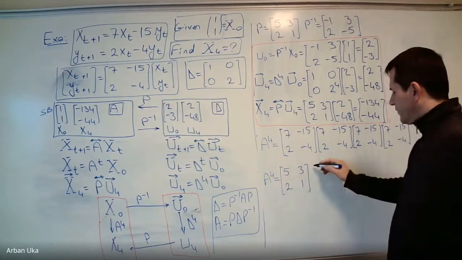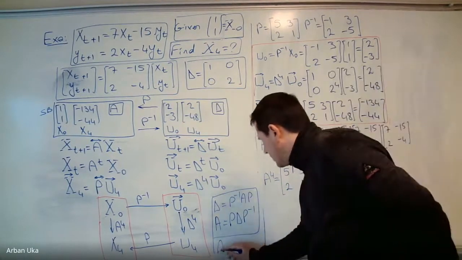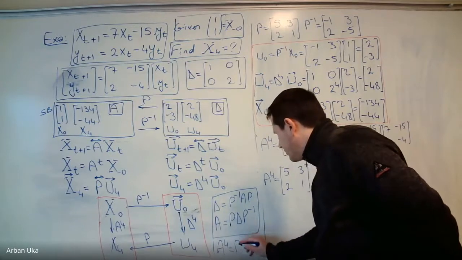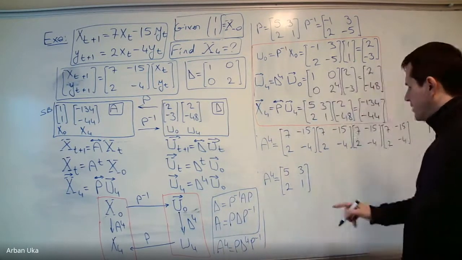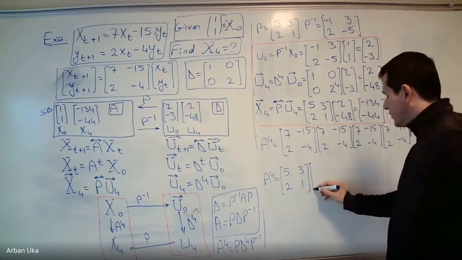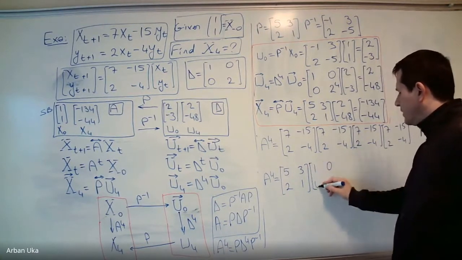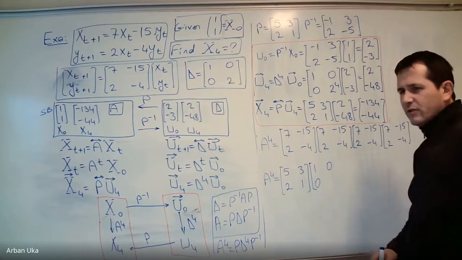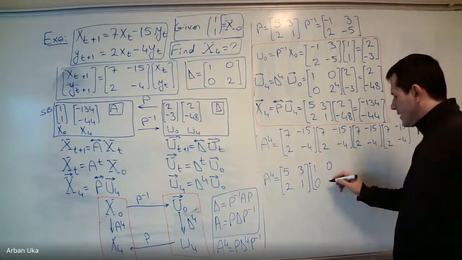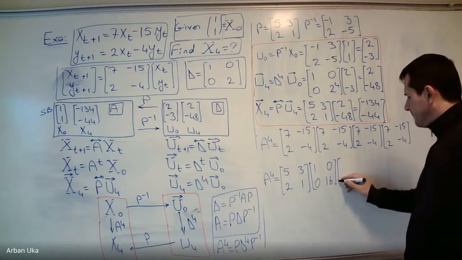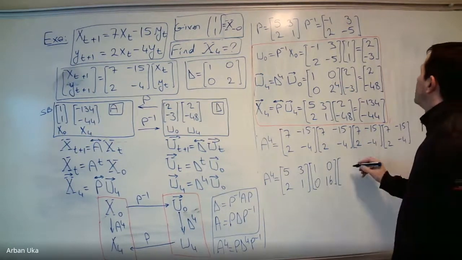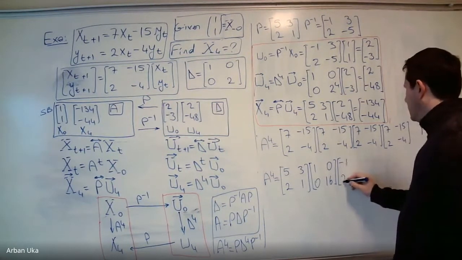So then A to the power 4 would be equal to P, D to the power 4, P inverse, right? What is D to the power 4? 2 to the power 4 is 16, times minus 1 to the power 4 equals 1.